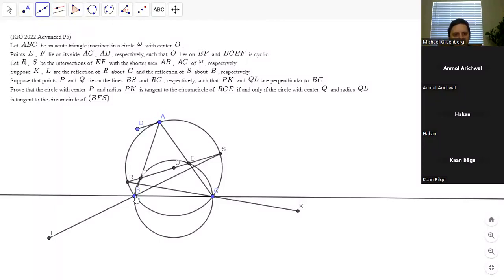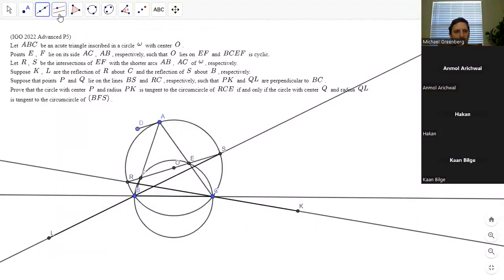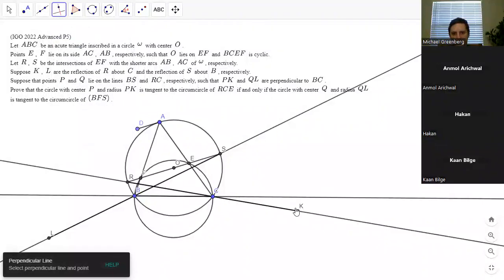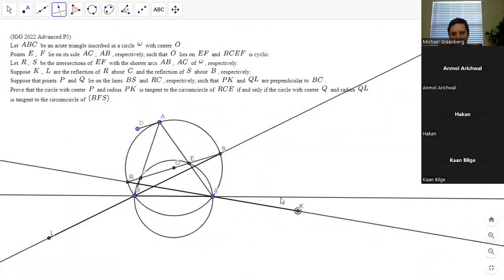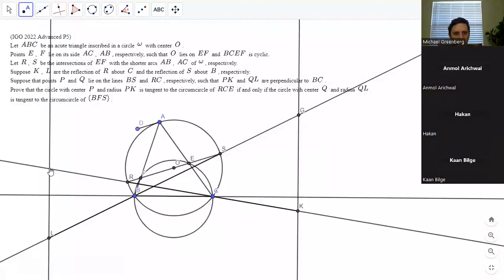PS, BS. So we drop perpendiculars to these two. Okay. So this is P and this is Q.